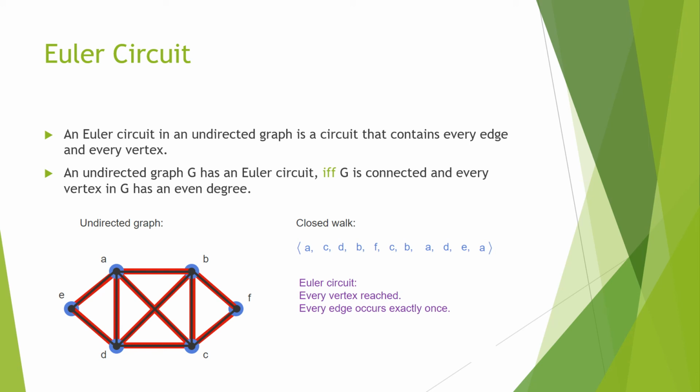Since the degrees of all the vertices in this graph are even, we can say that graph should have a Euler circuit. And that's an example of a Euler circuit in this graph. If even one of the vertices doesn't have an even degree, then that graph does not have any Euler circuits.